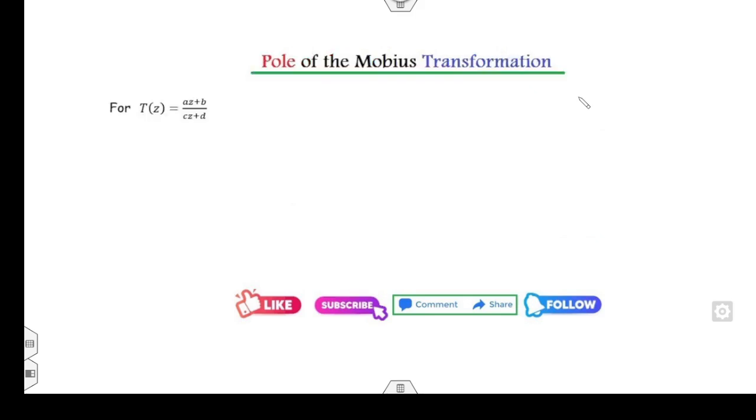Now look at that. The first definition that we need is the pole. What is the meaning of the pole? In very simple terms, your target is to find the value of z for which T(z) becomes infinity.